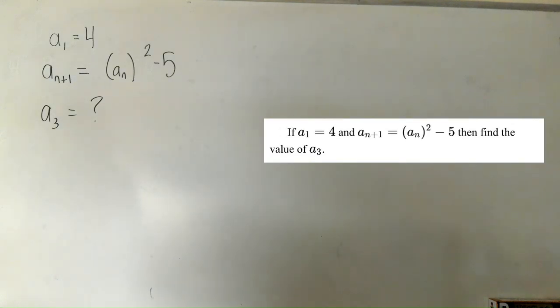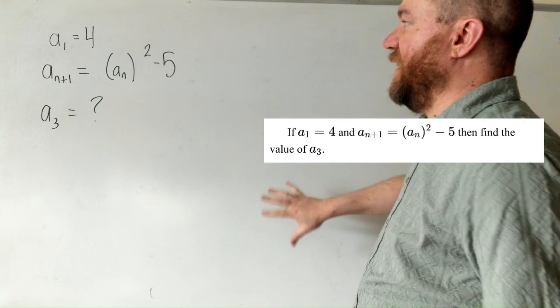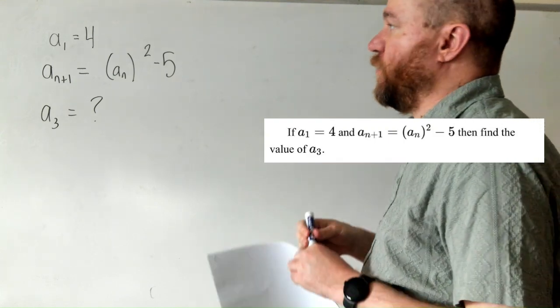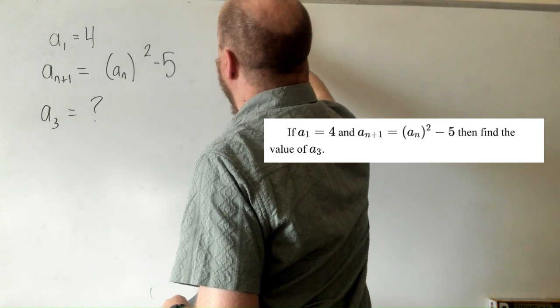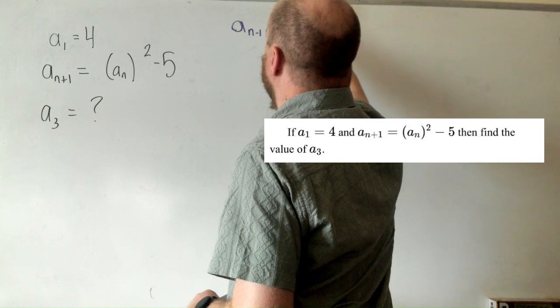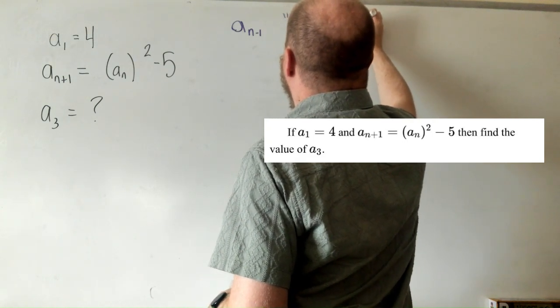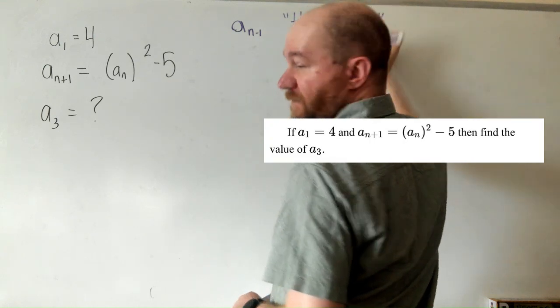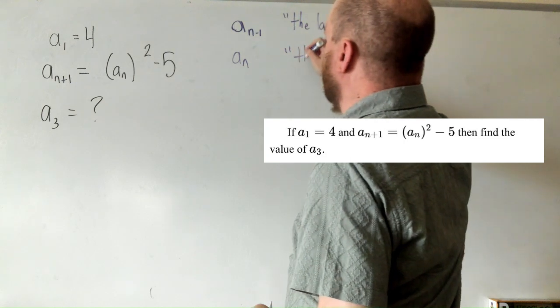All right, for this one, I'm going to try something a little different. Instead of making a table, I'm just going to focus on what everything means. If I ever see n minus 1 in one of these problems, that means the last number. If I ever see a sub n, that means the current number.